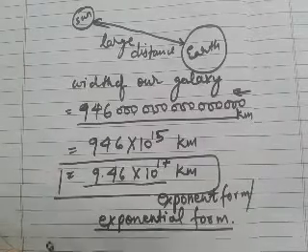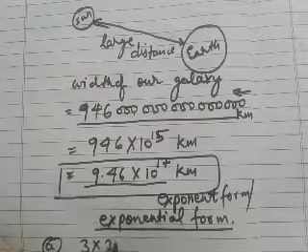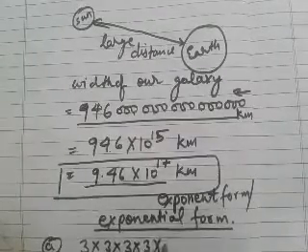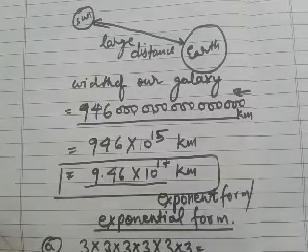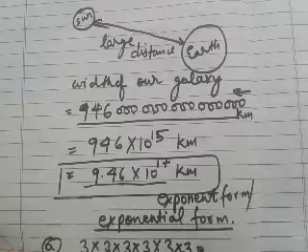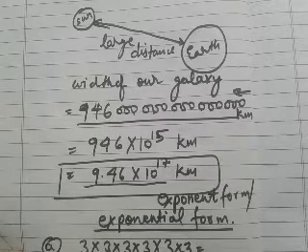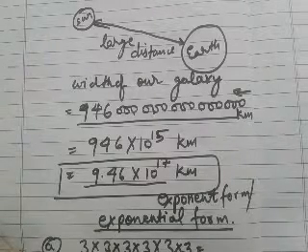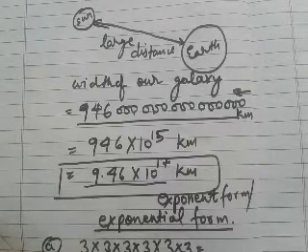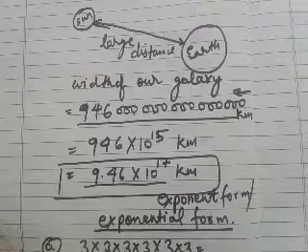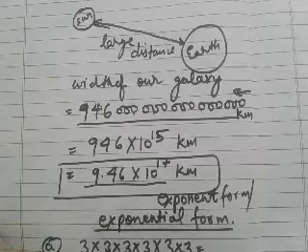Suppose that we have a number 3 into 3 into 3 into 3 into 3 and so on up to this. So how can we write this number in short form? To write this number in short form, first of all count how many 3's are here in multiplication. 1, 2, 3, 4, 5, 6.